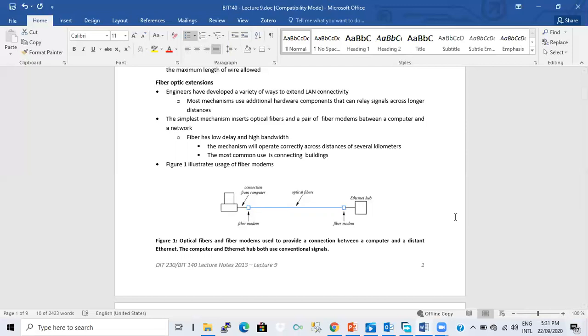Okay, so in this figure here, this is a fiber modem that is here, as well as this is a fiber modem, and then this is fiber. What basically happens is it converts. It has two connectors, a connector that you can use to connect fiber, as well as a connector that you can use to connect UTP. Because remember, most of the computers that we are using right now support only UTP and not fiber.